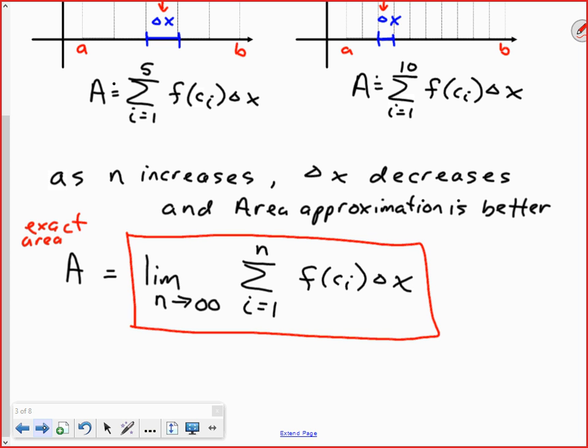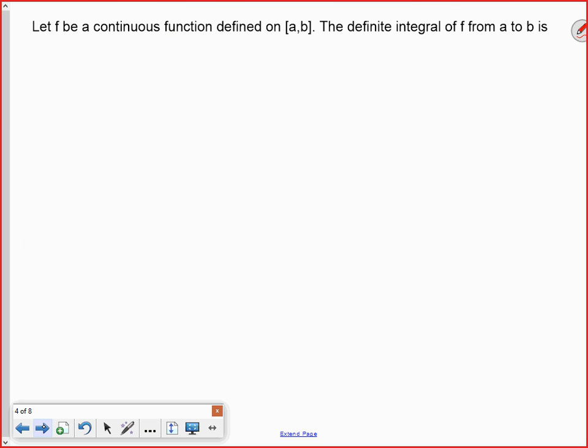We are going to be using this a whole bunch, so often that we give it a special name and some special mathematical formulation. We call this a definite integral.